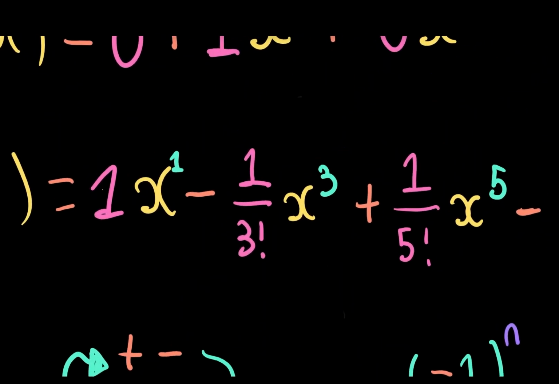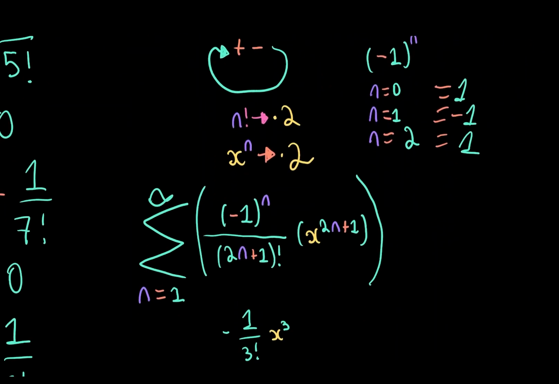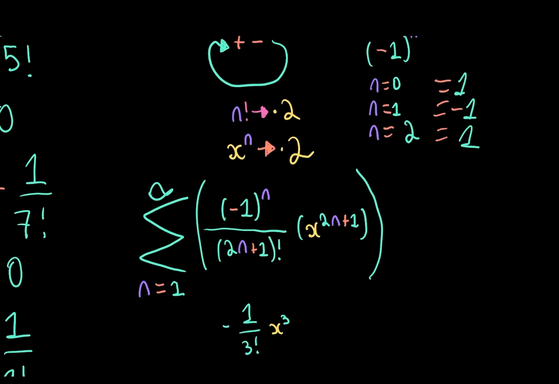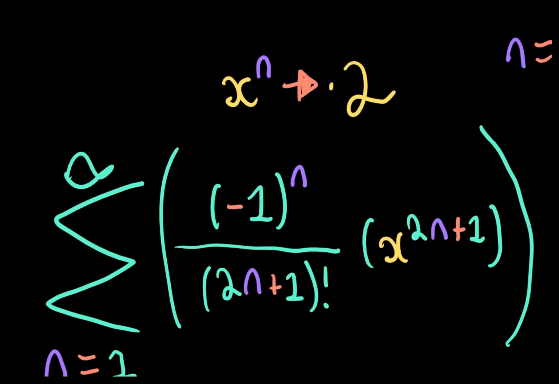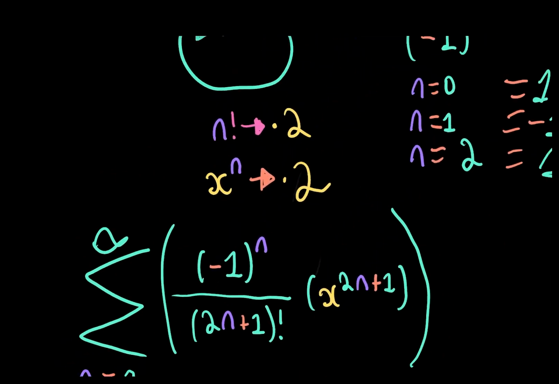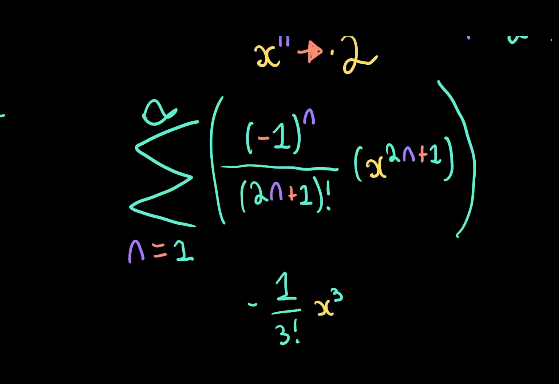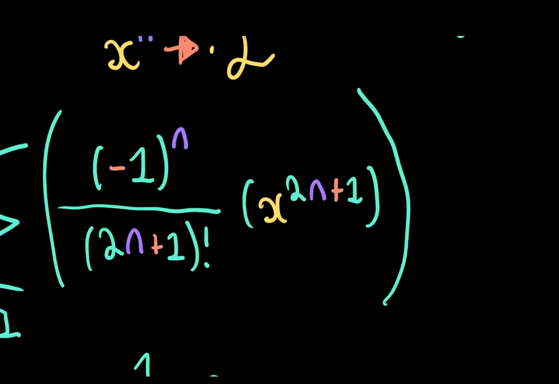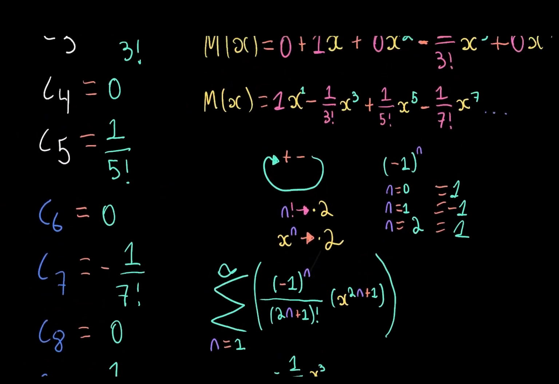And it looks like it works. It matches this term here. And then if we set n equal to 2, then that becomes 2 times 2 plus 1, 5 factorial, and -1 to the power of 2 is positive, so that's 1 over 5 factorial times x to the power 5, and that actually matches what we have here. So this summation piece works.